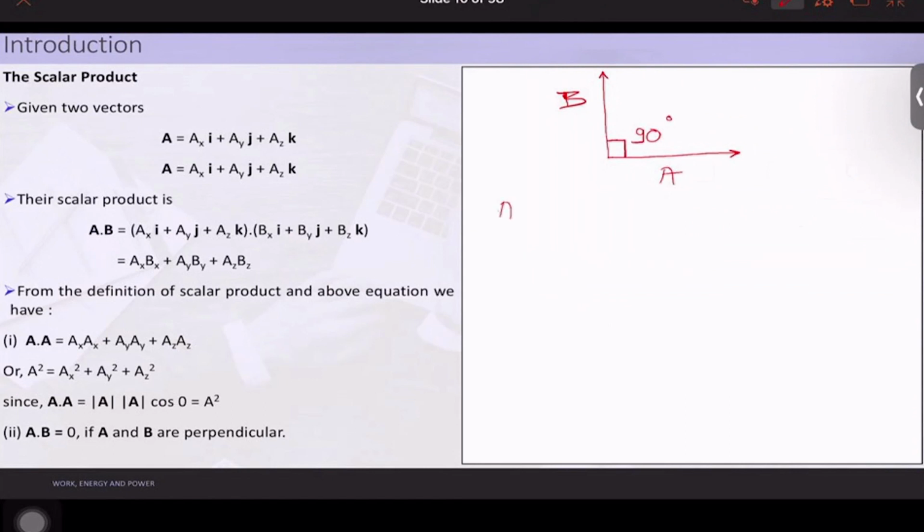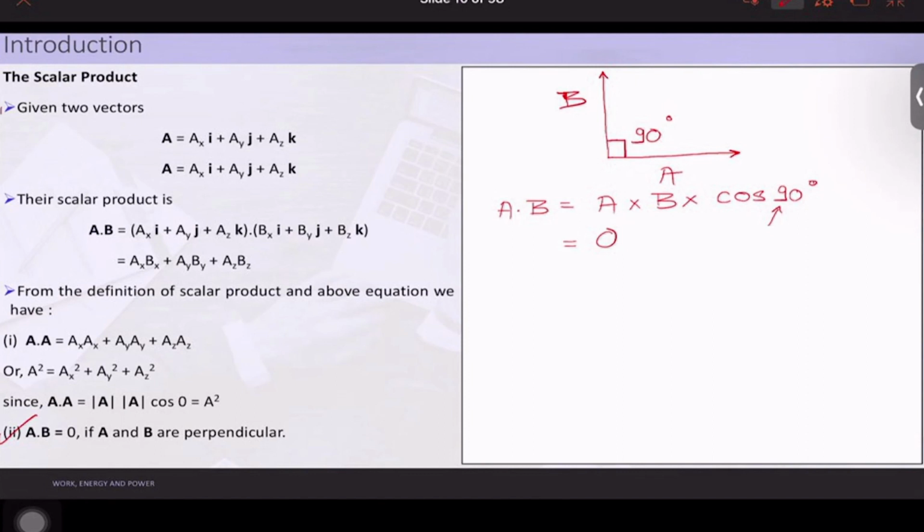Then A dot B is equal to magnitude of A into magnitude of B into cos of the angle between them, which is 90 degrees. So let there be any number denoting the magnitude of A and B, but as cos theta is 0 here, the complete value will be 0. Okay, so therefore A dot B is 0 if A and B are perpendicular to each other.